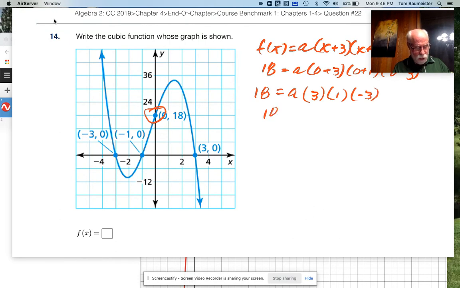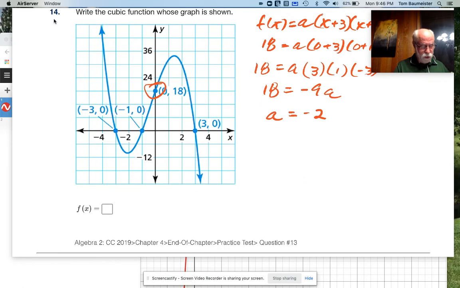So 18 is equal to 3 times 1 is 3, times negative 3 is negative 9. To solve for a, we divide by negative 9, and we get that a is equal to negative 2.